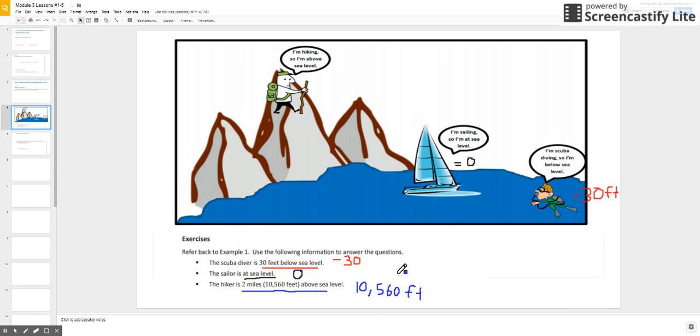We couldn't say that this hiker was 2 miles or 2 as an integer. He's 10,560 feet. And of course, this is a positive direction, because once again, we talked about the scuba diver in the same units. We can't change them.